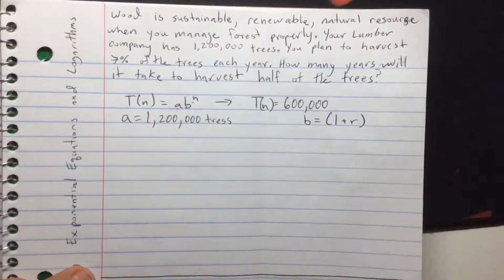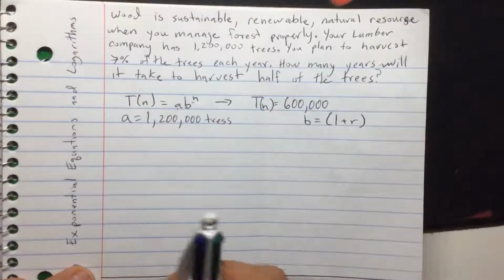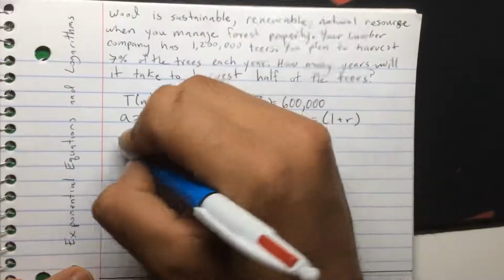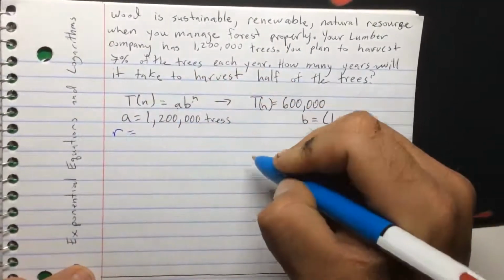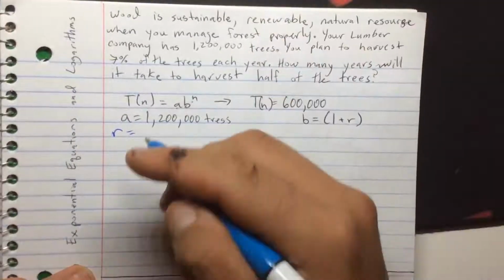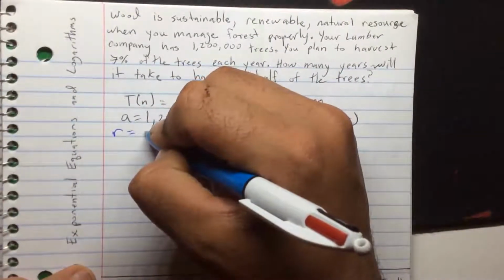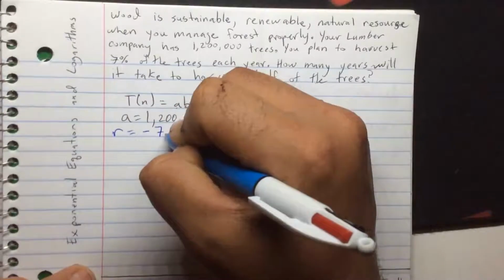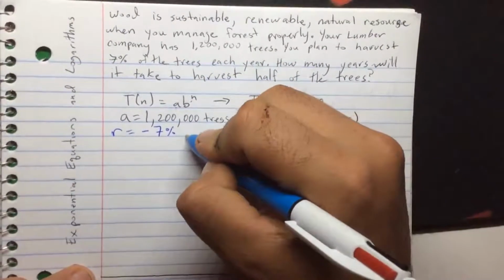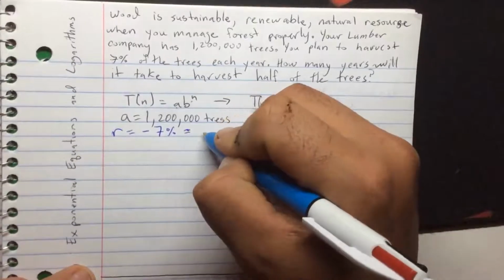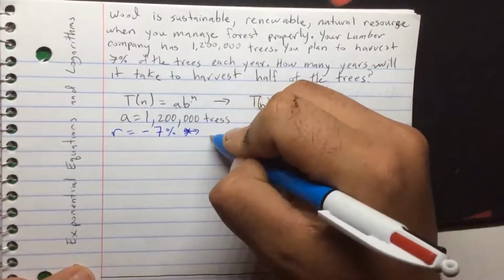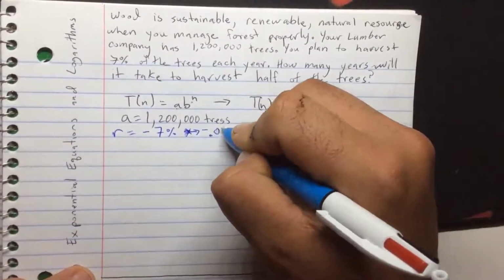And our rate is actually going down, right? So let me do this in blue so it's a little bit differentiated. Our rate is 7%, but we're actually going down 7%, so it's going to be a negative 7%, because that's how much we're cutting down every year, which translates to negative 0.07.